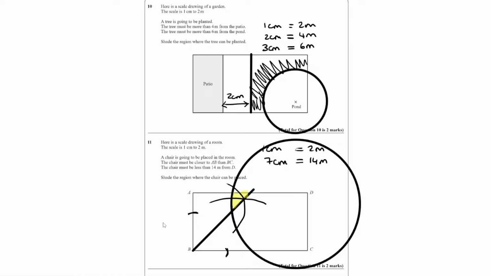Okay, so loci. I think that was a straight line question. June 2020, question 2, June 2023, paper 2. Don't know if I've got a video on that anyway. I'll have a look and see which one it is.